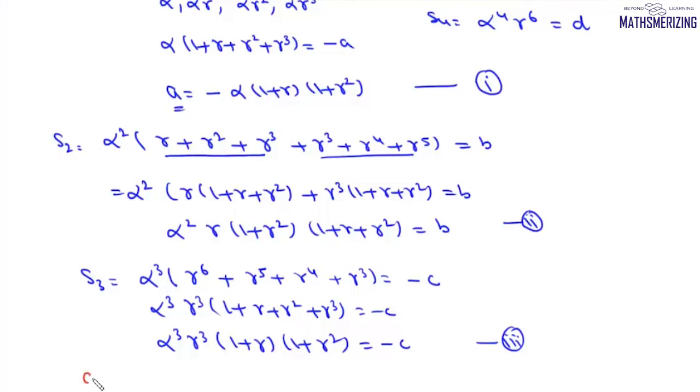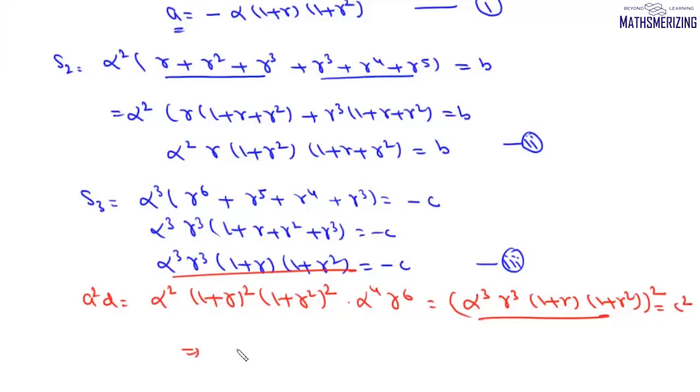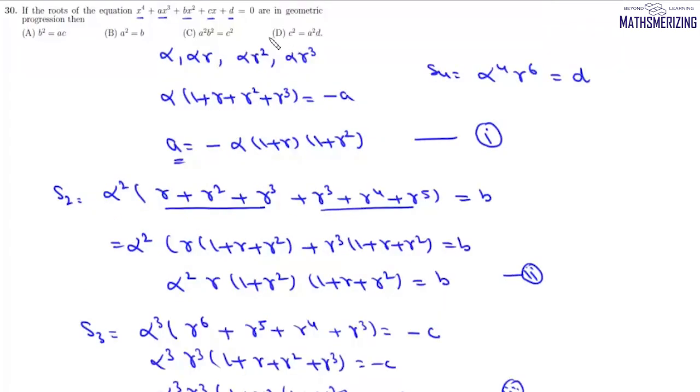A square into d will be alpha square into 1 plus r square into 1 plus r square whole square into alpha to the power 4 r to the power 6, and we can write this as alpha cube r cube into 1 plus r into 1 plus r square whole square, and this is nothing but minus c, so it will be c square. So the result that we'll get from here is a square d equals c square, which is your option D.